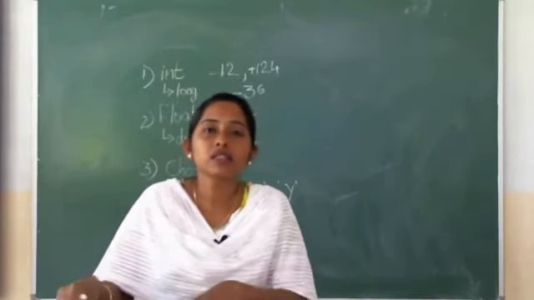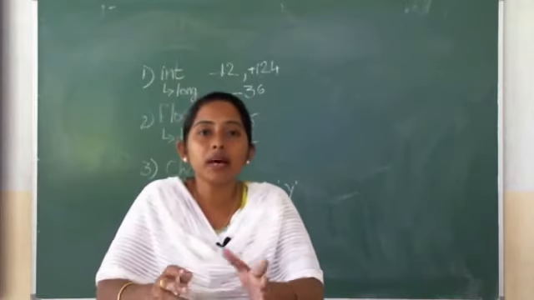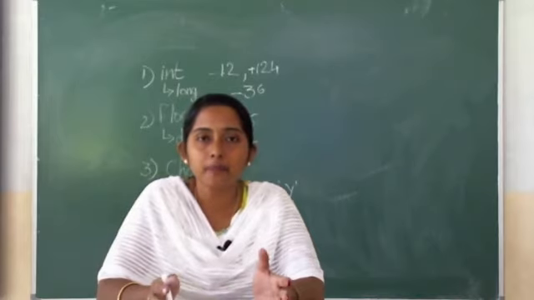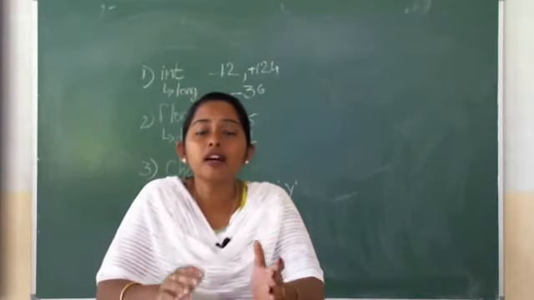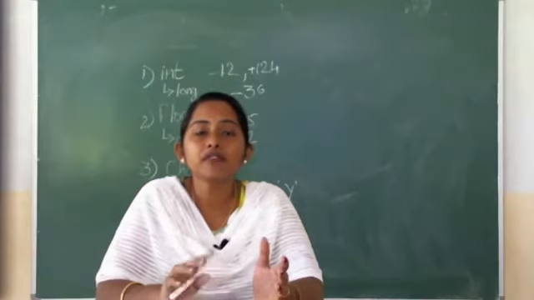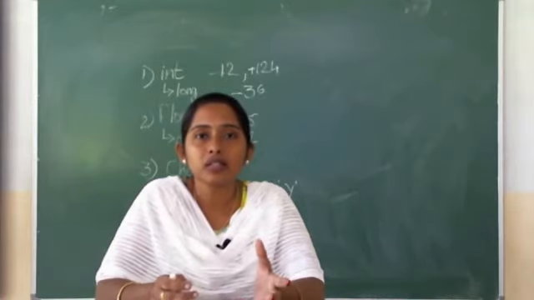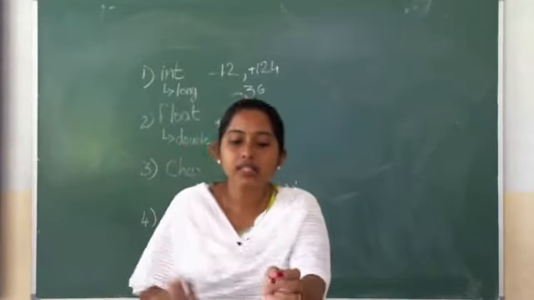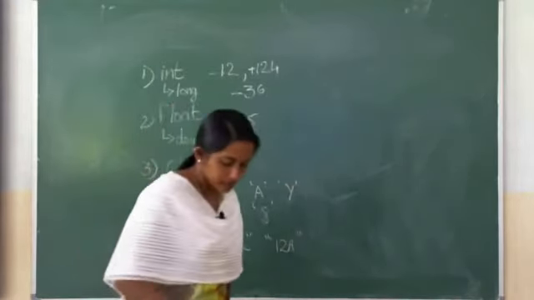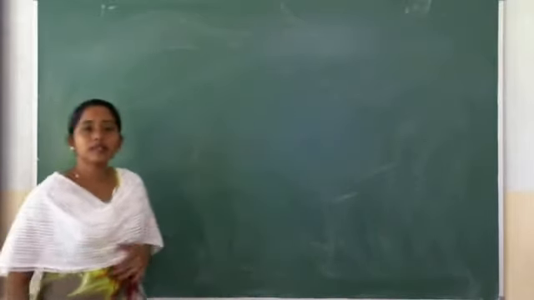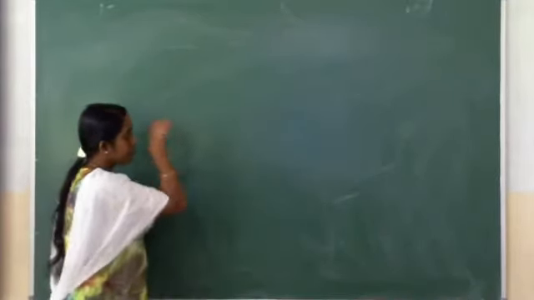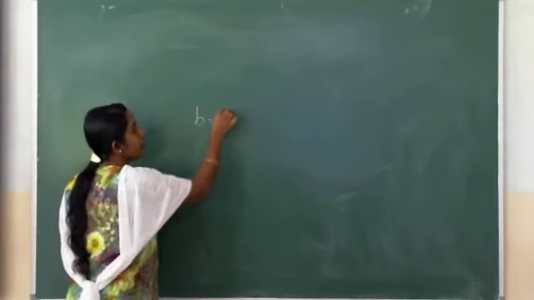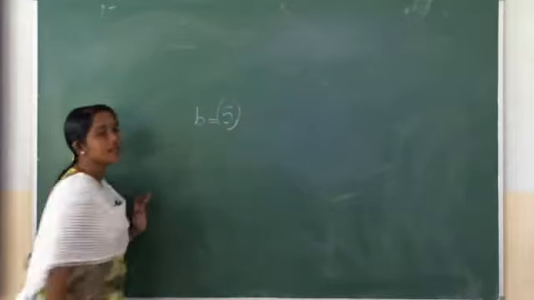Okay, moving to the next one, variable. In mathematics you already studied what variables mean, isn't it? For storing a particular value, we specify an alphabet or a word. That is known as a variable.